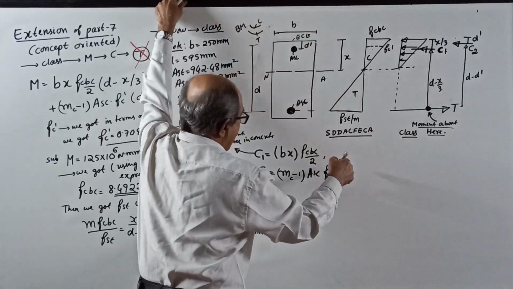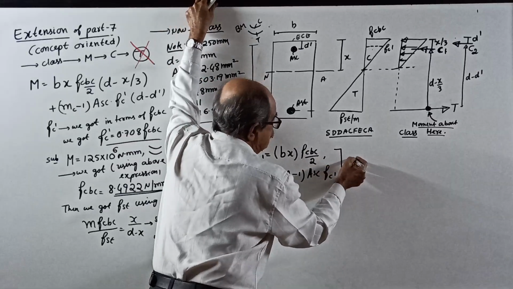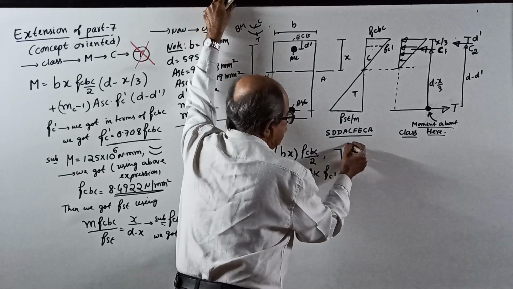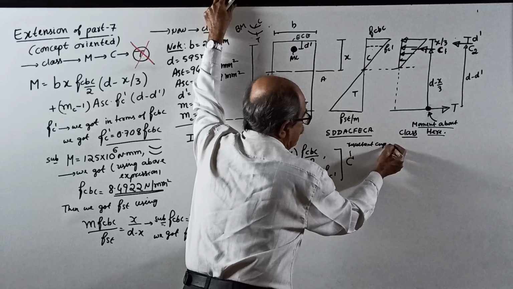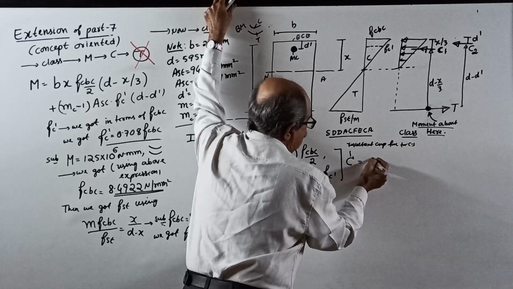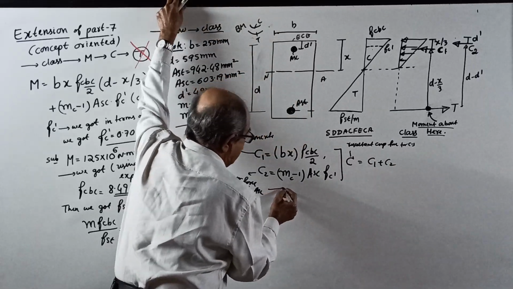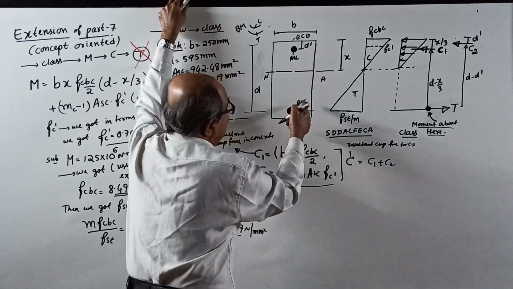Now the total compression force, the resultant considering both, is C equal to C1 plus C2. And your tension force T equals the area of steel in tension, AST, times stress.